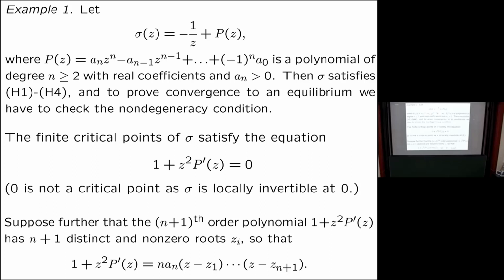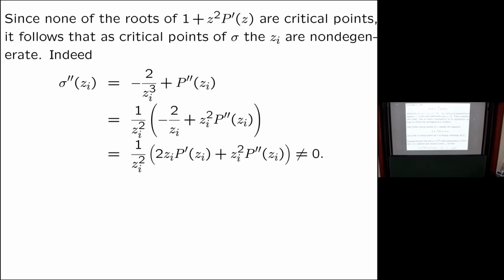So therefore, as roots of this polynomial, they're not degenerate, right? Because they're distinct roots. So it follows that as critical points of sigma, the zi are non-degenerate.